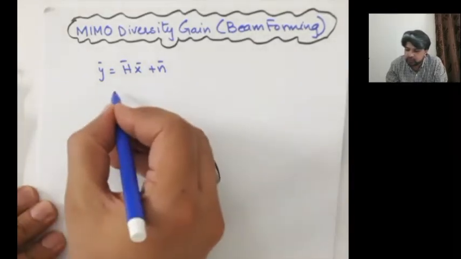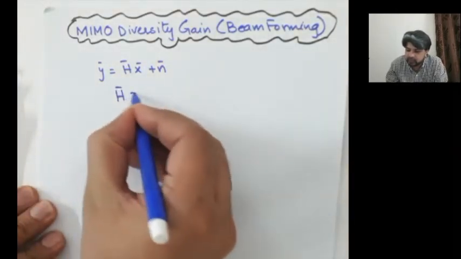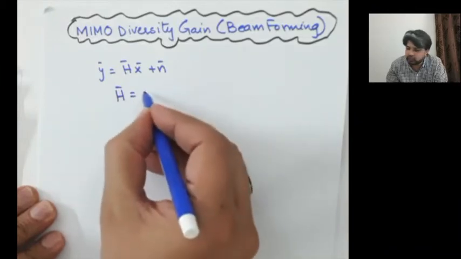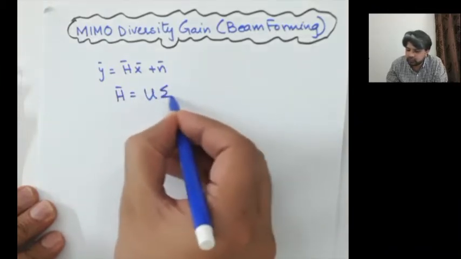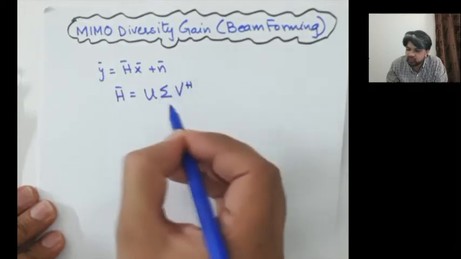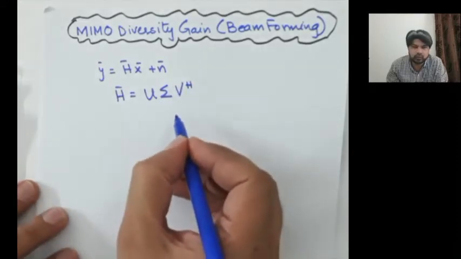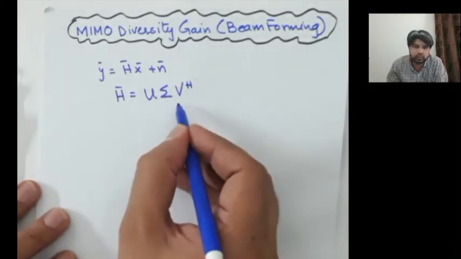So remember we said that this H can be decomposed into three matrices: U, sigma, and V Hermitian, where U and V both are unitary matrices.